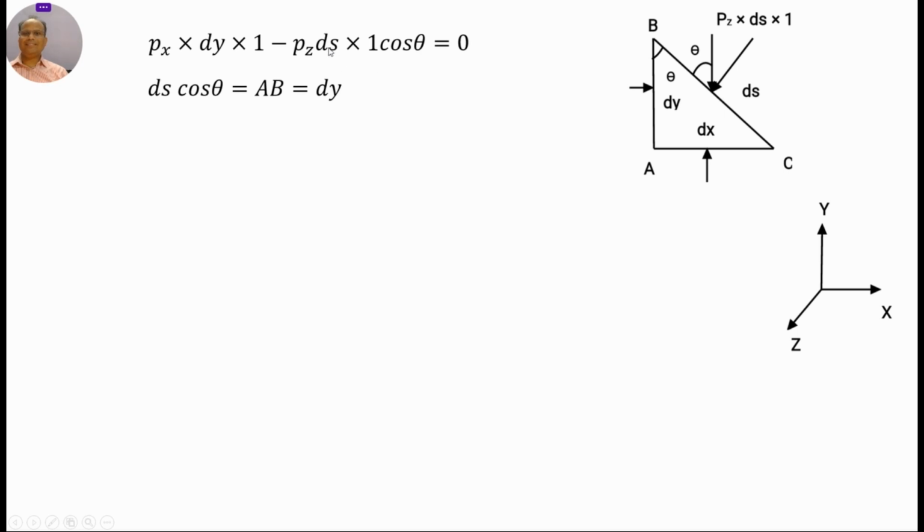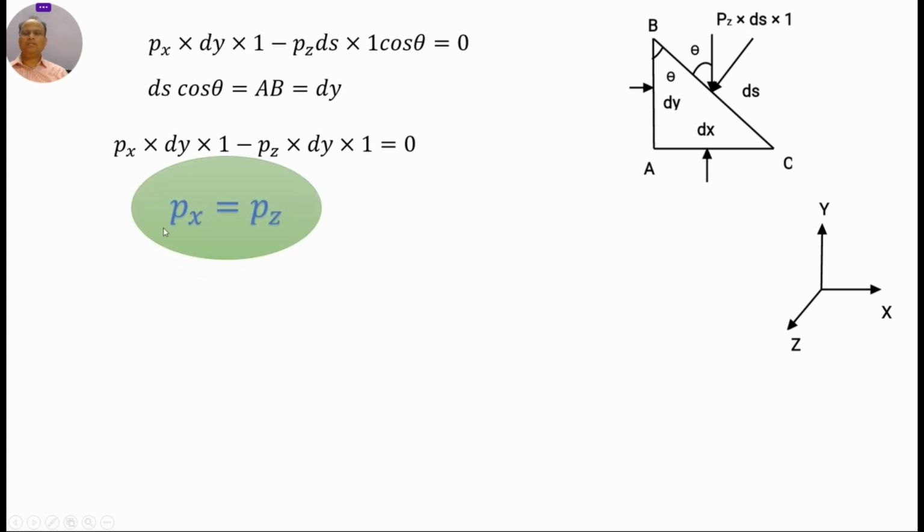When I resolve this ds in the direction of x and y, ds cos theta is equal to AB, and AB is equal to dy. So ds cos theta directly we can write as dy. So Px into dy into 1 minus Pz into dy into 1 is equal to 0. From both sides, dy and dy will cancel out. So we have the final expression Px is equal to Pz.